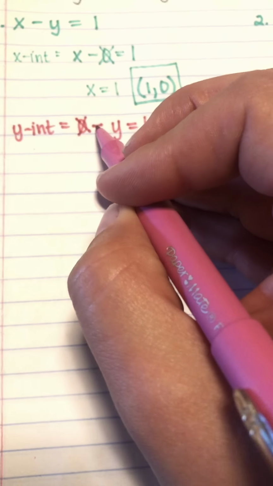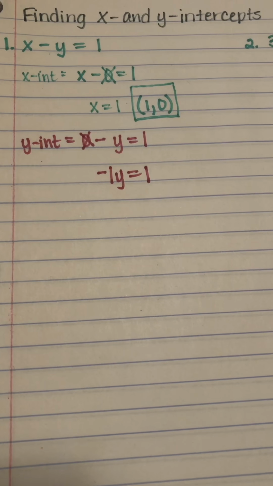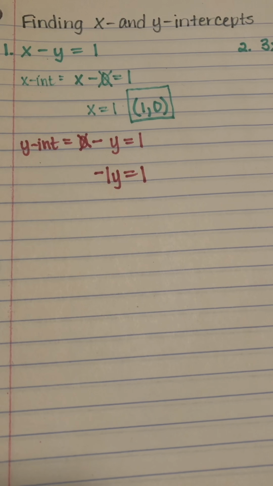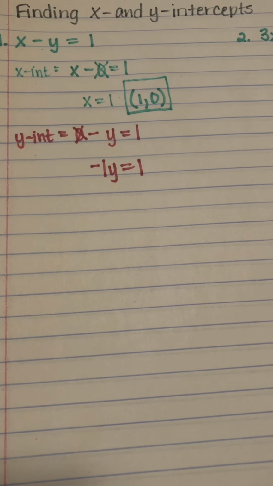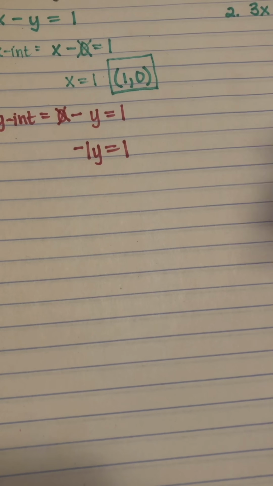Okay, so again, this 0 doesn't mean anything, but I have a negative in front of y, which really means this is just like negative 1y. So to get rid of that negative 1, this is just an easy one-step equation. I want to divide by this negative 1. That'll cancel those out.